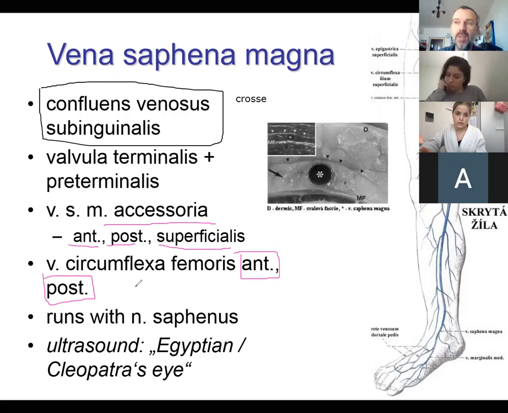Do not mix it with the medial and lateral. They are similar to arteries, but they are deep. These are superficial. So the posterior looks like that. The anterior looks like that. There is the anterior and the posterior circumflex femoral vein, superficial veins.